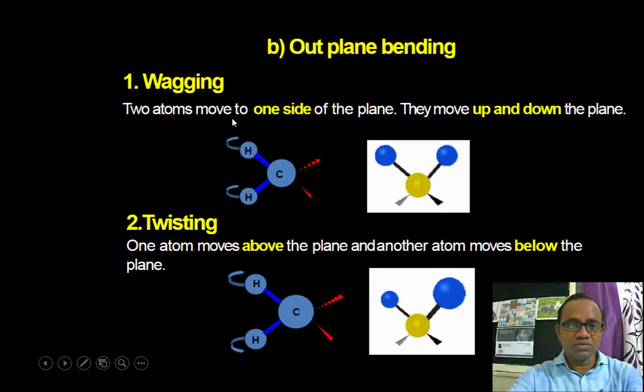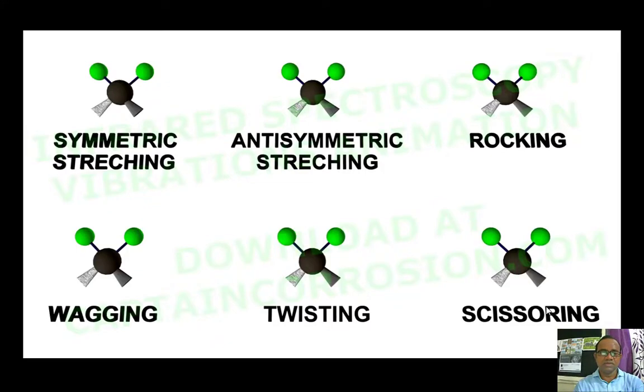In wagging, two atoms move to one side of the plane, that is, they move up and down simultaneously. And twisting is where one atom moves above the plane and another below the plane. So in this way, this is called the twisting. These are all the different types of bending and vibrations produced in the molecules.